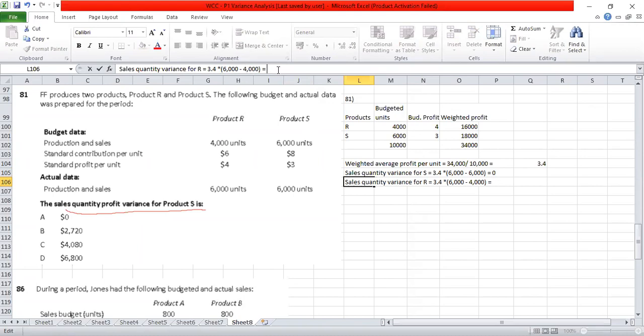So this would be 2 into 6,800. It will be favorable. Overall it will be 6,800 favorable, because S doesn't have any variance.